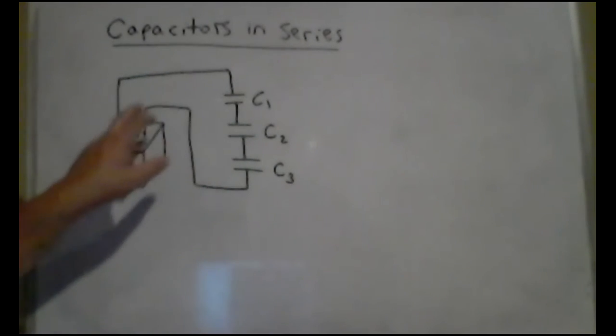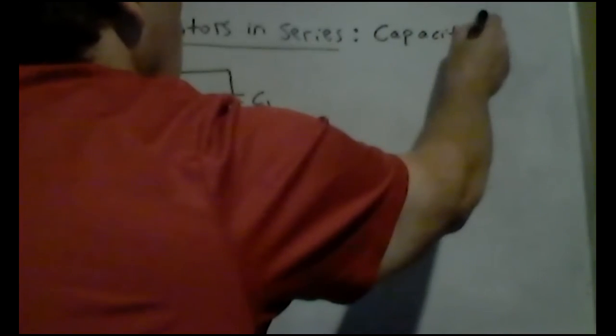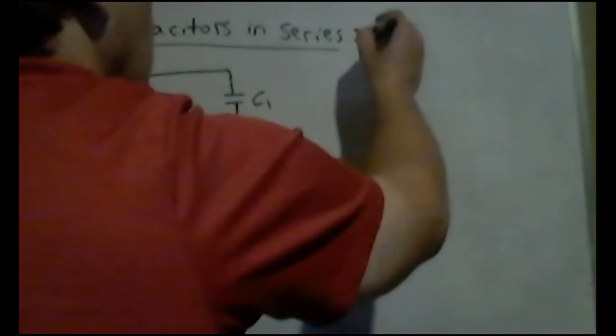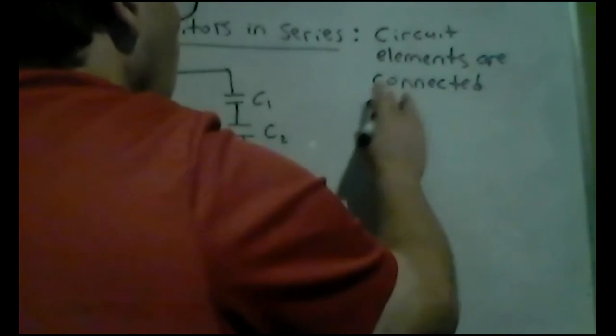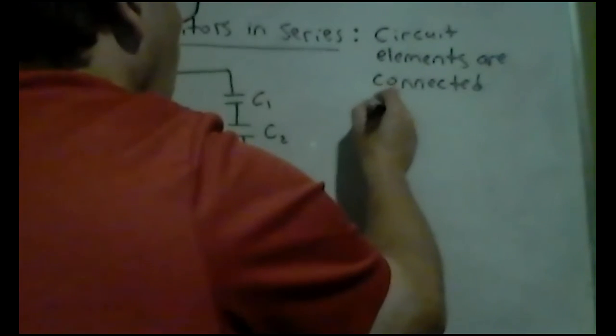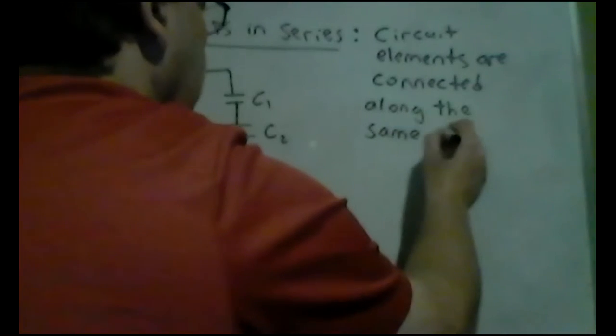All right. So now, when we say series, we mean that the circuit elements are connected along the same circuit path. What we mean by this is that the circuit elements, the capacitors, well, let's just say in general, because this will be true for resistors as well: circuit elements are connected along the same circuit path.